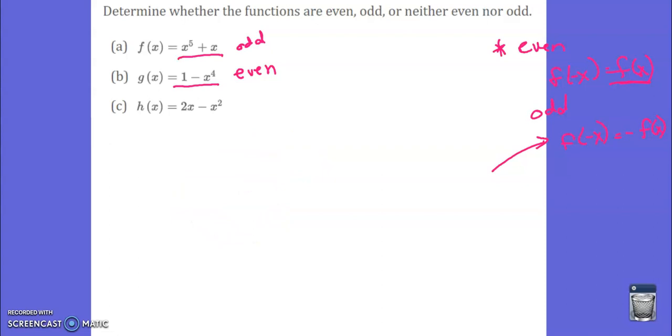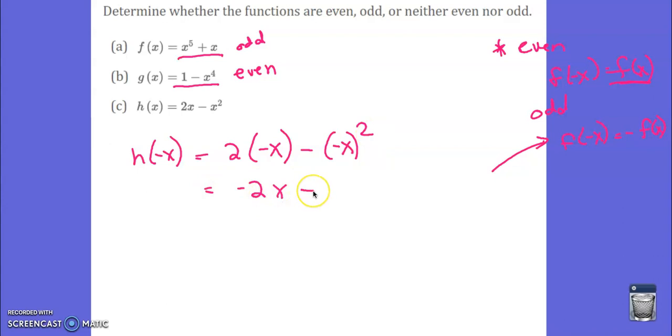Letter C, again, I'm going to substitute negative x in, replacing the x's with negative x, and then simplify. So that's negative 2x, and again, make sure you follow the order of operations. So that's x squared. If you want to factor out a negative, that's fine. But notice this right here is not either one of these.